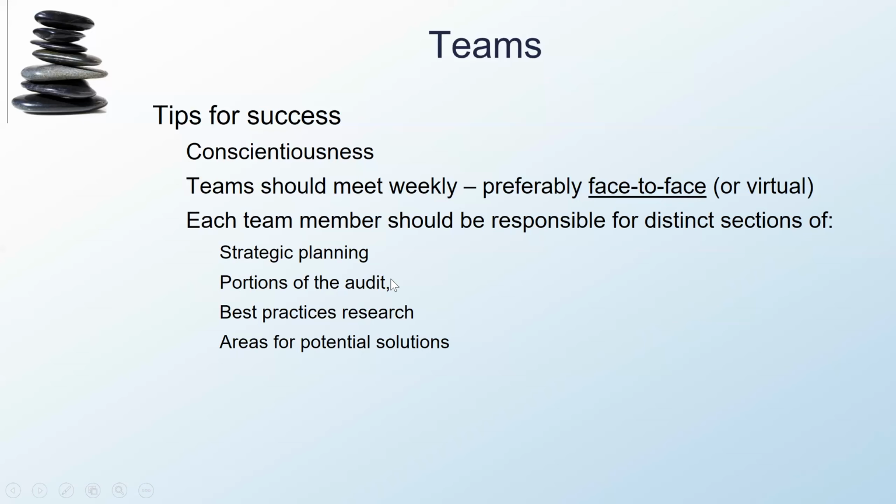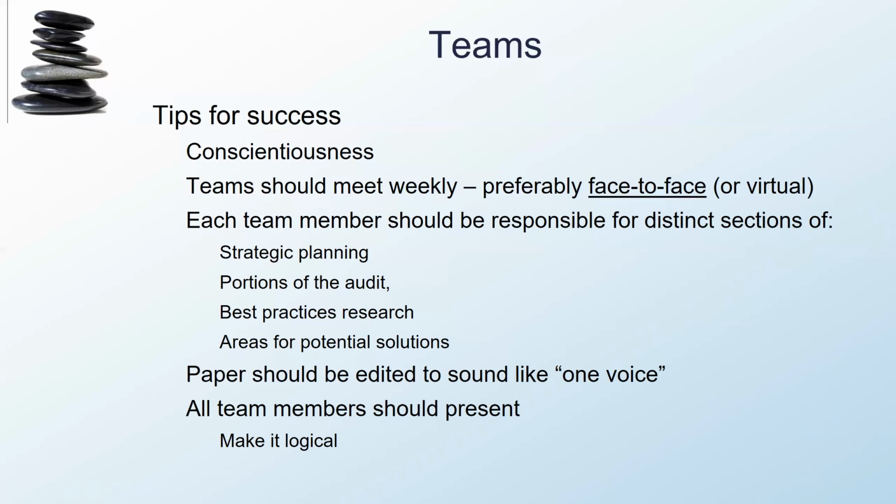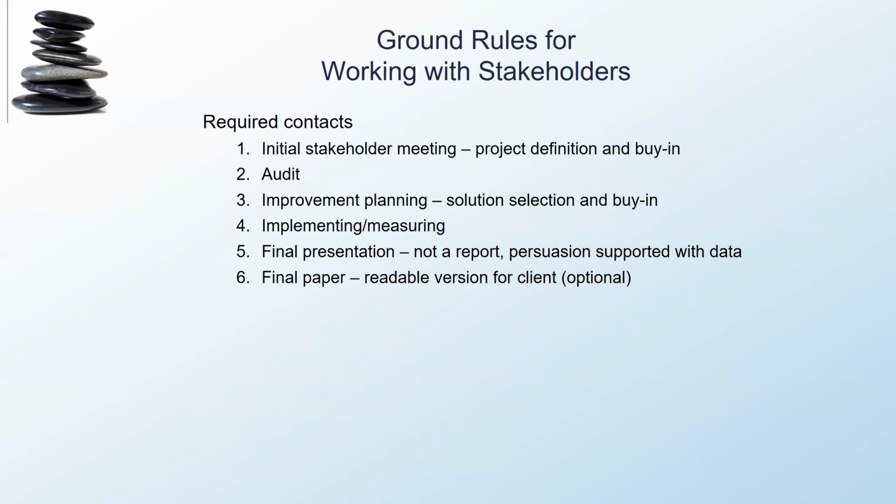Once you do your separate audits, then a lot of the other areas are also separate, because you'll do your own best practices research. You will do your own areas for potential solutions. At the very end, your paper should be edited to sound like it's one voice. All team members should present and make the division of how you're going to present something that's logical.